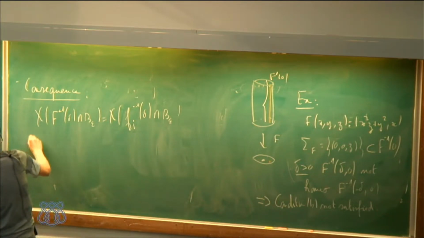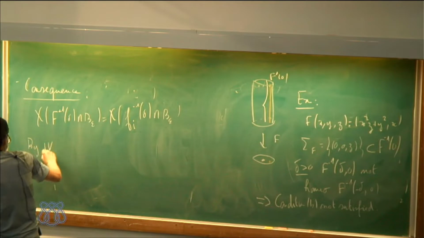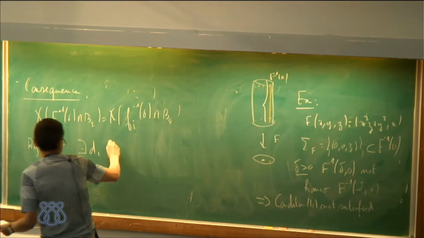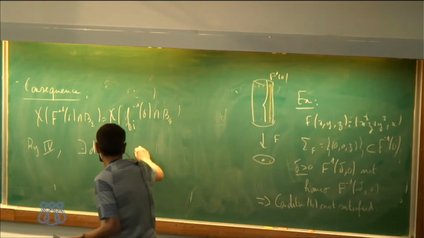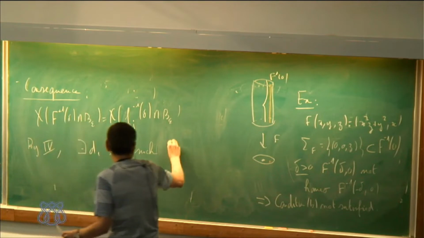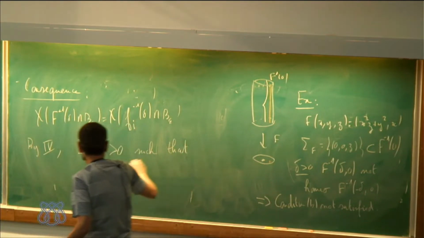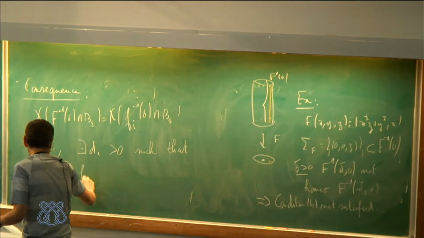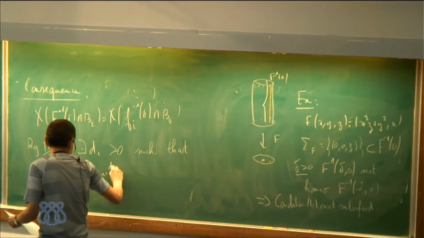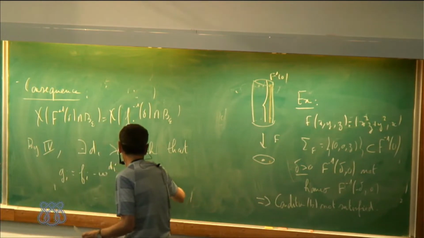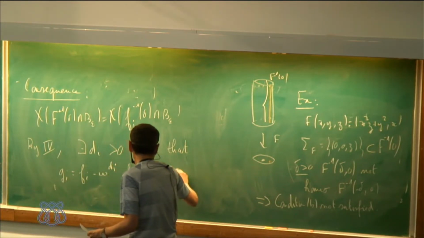So by paragraph 4, you can find di such that gi, which is fi minus omega to the di, has an isolated critical point, singularity.